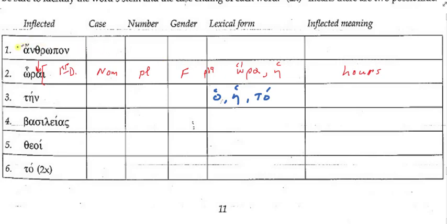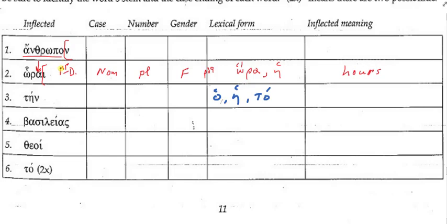Let's take a look at number 1. We have anthropon. Say that with me. Anthropon. All right, anthropon. Now, what do you see at the back end of this that might be a case ending? Yes, there is a nu here, right? So let's strip that nu away, and I'm left with a stem anthropa.